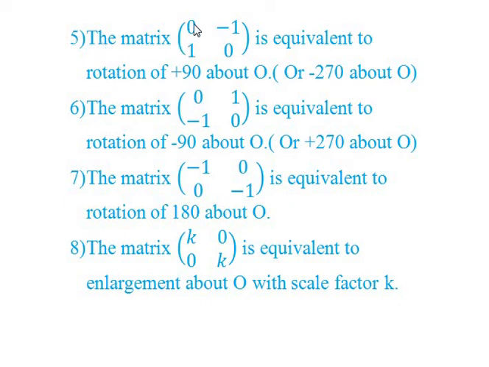The matrix (0, 1, -1, 0) is equivalent to rotation of plus 90 degrees about O, that is the origin, or rotation of minus 270 about O. Similarly, the matrix (0, -1, 1, 0) is equivalent to rotation of minus 90 about the origin O, or plus 270 about O. The matrix (-1, 0, 0, -1) is equivalent to rotation of 180 about O. Similarly, the matrix (k, 0, 0, k) is equivalent to the enlargement about O, where k is the scale factor.